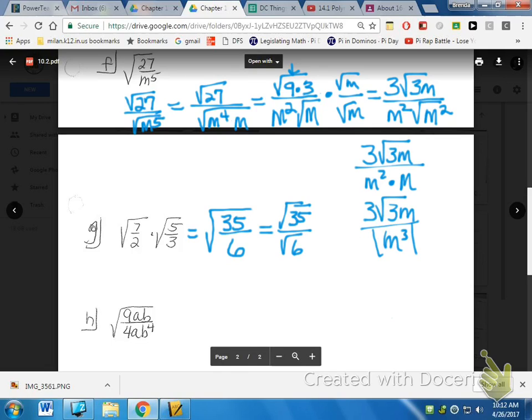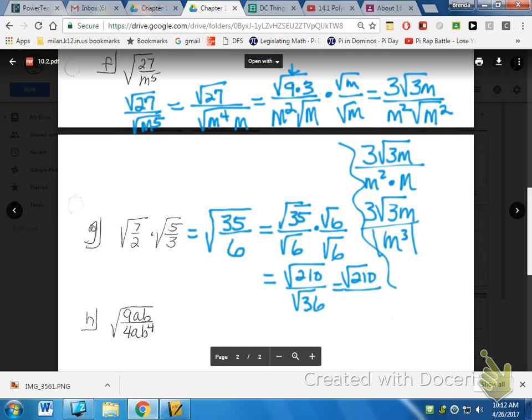Anything simplify out of that 6? Not a thing. So I'm going to multiply top and bottom by radical 6. So sadly, it is radical 210 over what? Radical 36, which would be radical 210 over 6. That one just had nothing to simplify out of it. That was it.